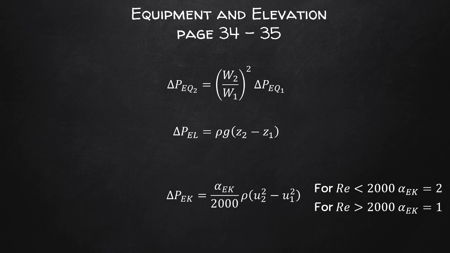So to determine the pressure drop due to elevation, we use the typical static head equation, which is rho g h, where we use Z in place of H as shown. And for the kinetic energy term, we assume a correction factor of alpha equal 2 for laminar flow, and we take alpha equal to 1 for all other flow regimes.